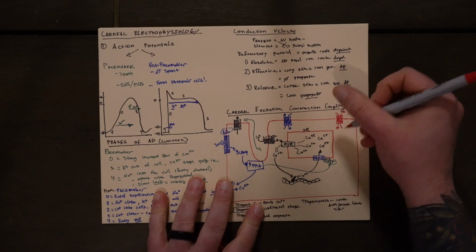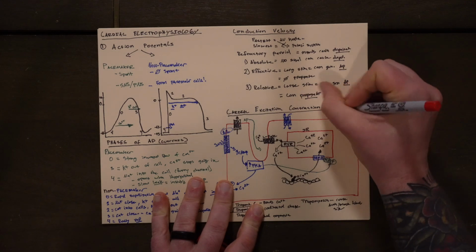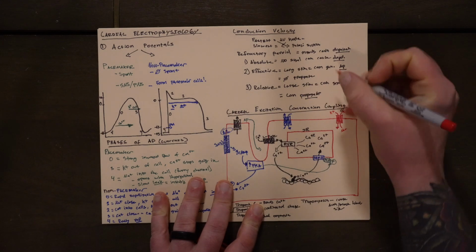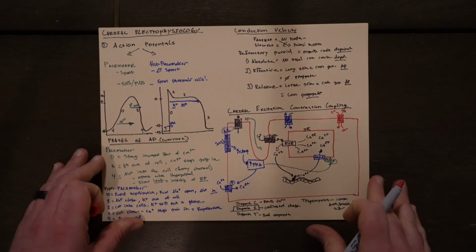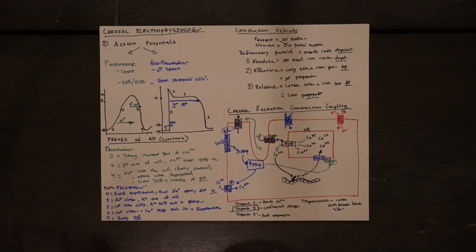So we have our sodium, and then we have our potassium, and that's the sodium potassium ATPase. Very similar to action potentials in other cells. Most cells have them on the cell surface, and it helps maintain cell membrane potential.